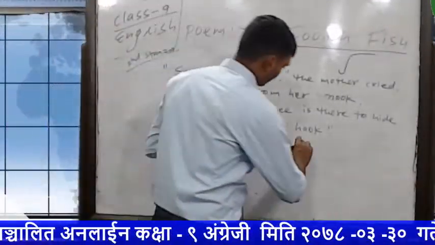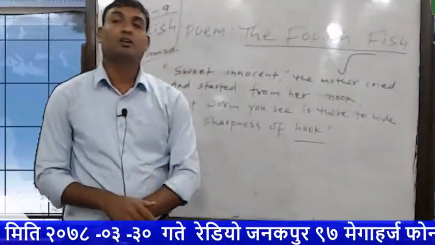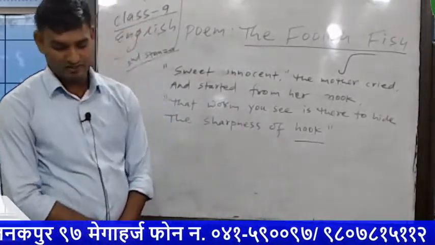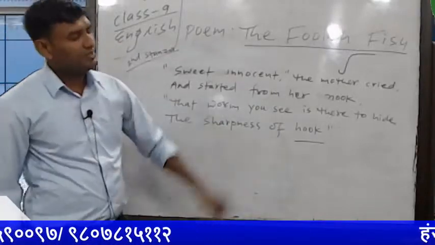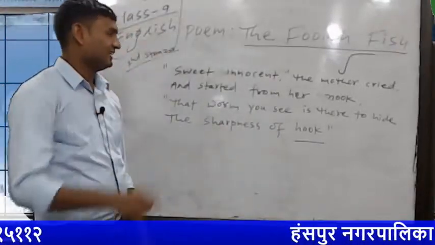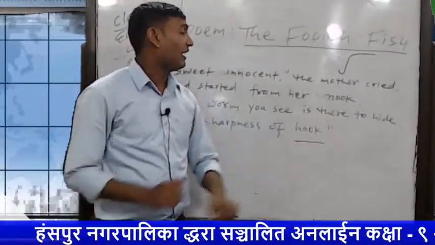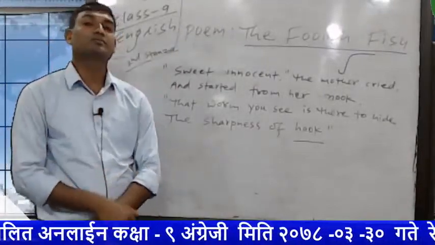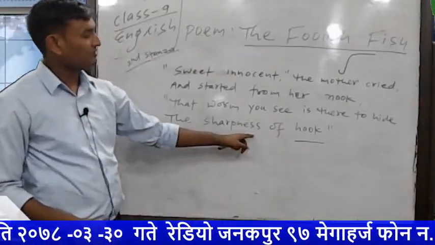It means mother fish said to her little fish, that worm you see, it means the worm you are seeing, there is hide a sharpness of hook. Hook means balchi, sharpness means तीखो.